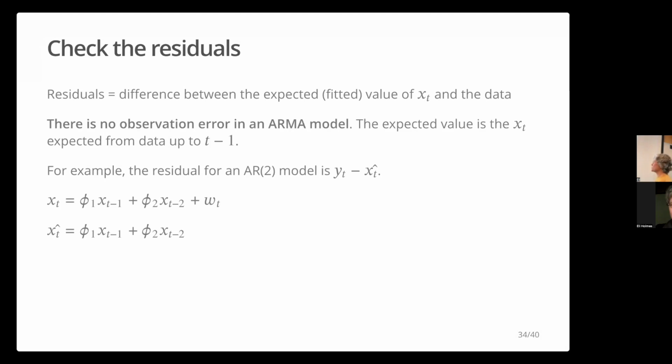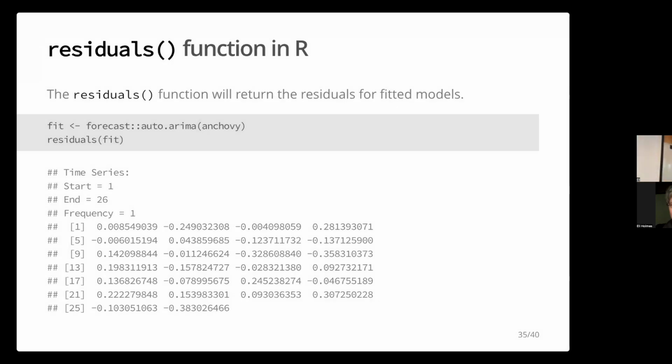What is the residual? It's the difference between the data and the prediction. So if you had an AR2 model, your prediction would be everything except the error. And your residuals are going to be the data minus this prediction from the model. So you're always going to be looking at that.